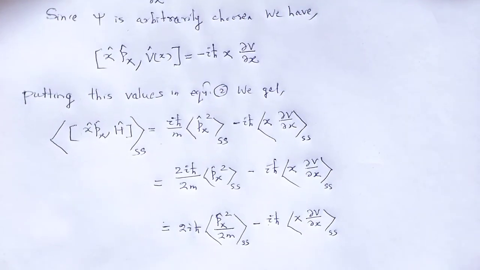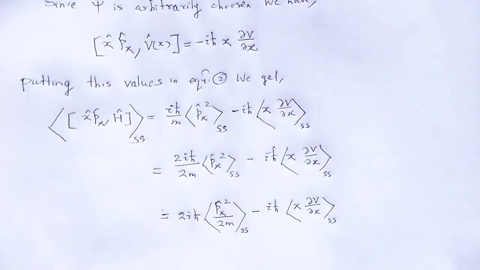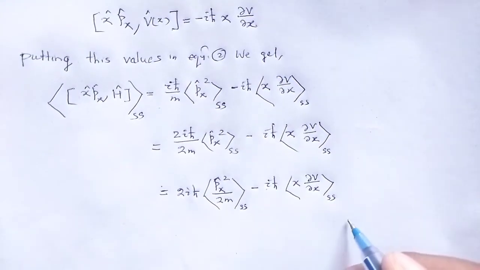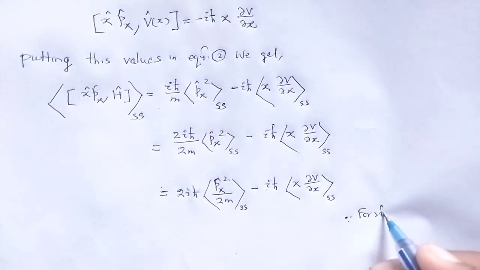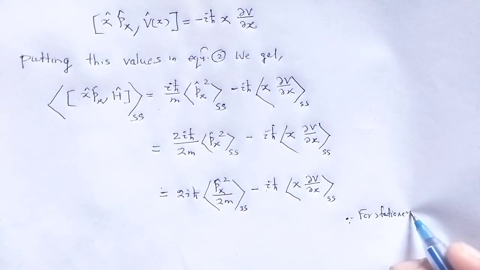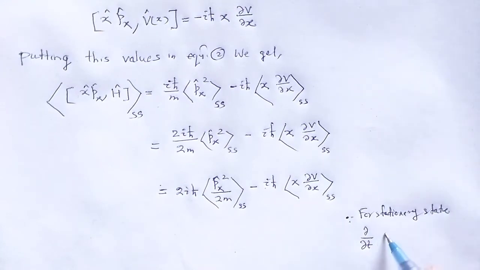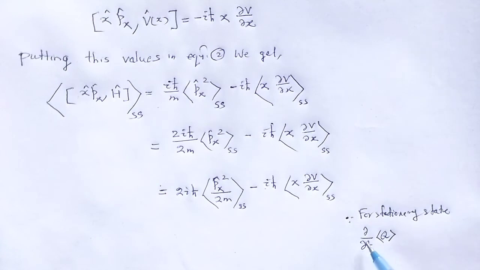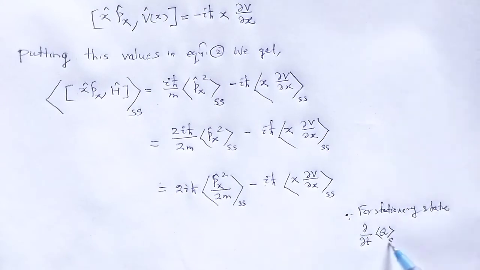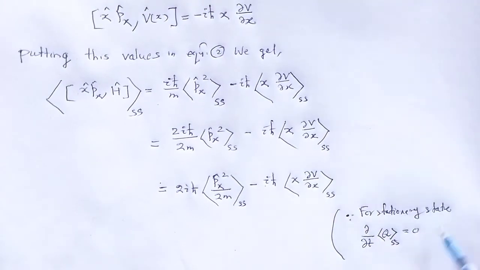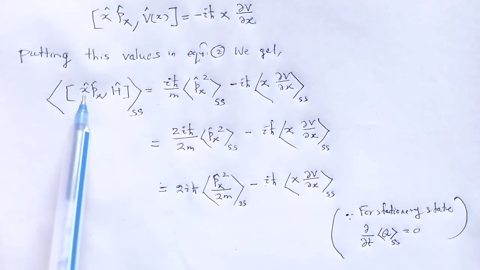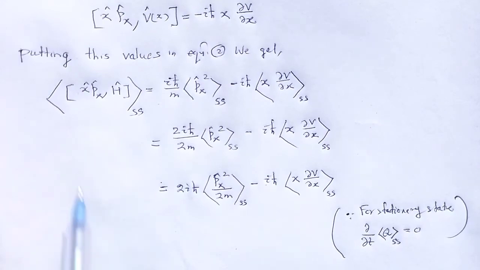For that of stationary state, the rate of change, del by del t of q expectation for that of stationary state will be 0. Here we choose x px as q, that means that term will be 0.